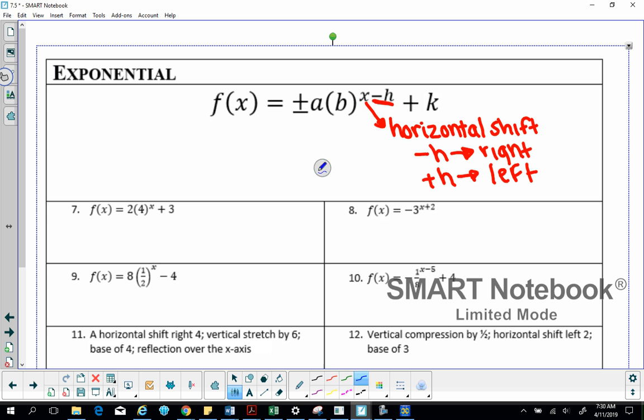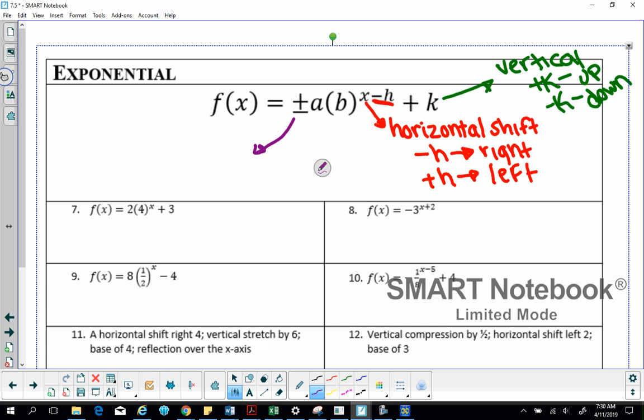And then plus k is exactly the same as the linear ones. So k is your vertical shift. So plus k is going what direction? Yeah, and minus k. So same as linear. So always, if it's at the end, it's always your vertical shift. The other ones are negative and positive.